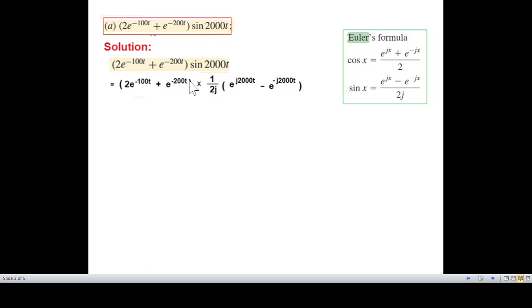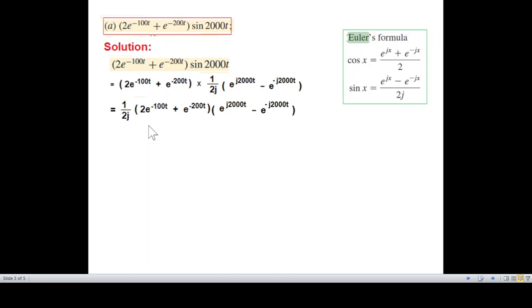So this remains as it is, multiplied by, for the sine we are writing now, this value 1 over 2j from here, and e raised to the power plus j2000 and e raised to the power minus j2000. And then we'll simply multiply and add the powers.